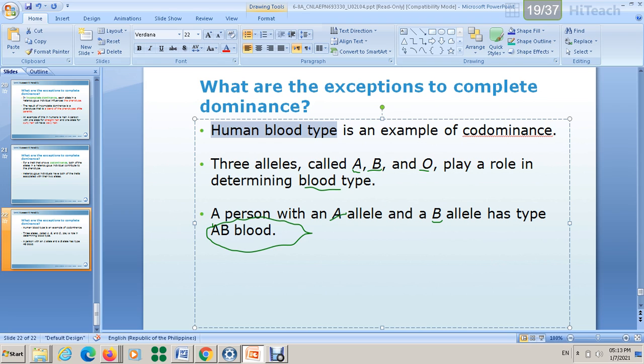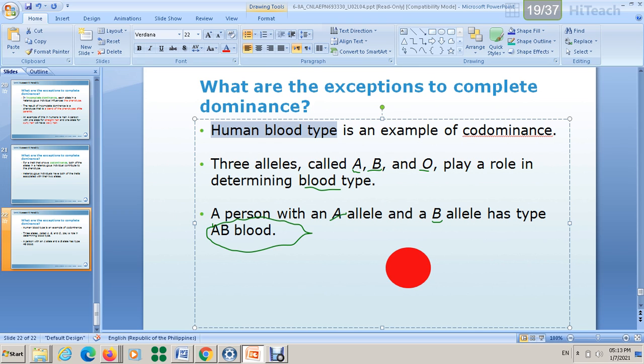Imagine this is the red blood cell. These alleles are responsible for making particles on the surface of red cells called antigen.